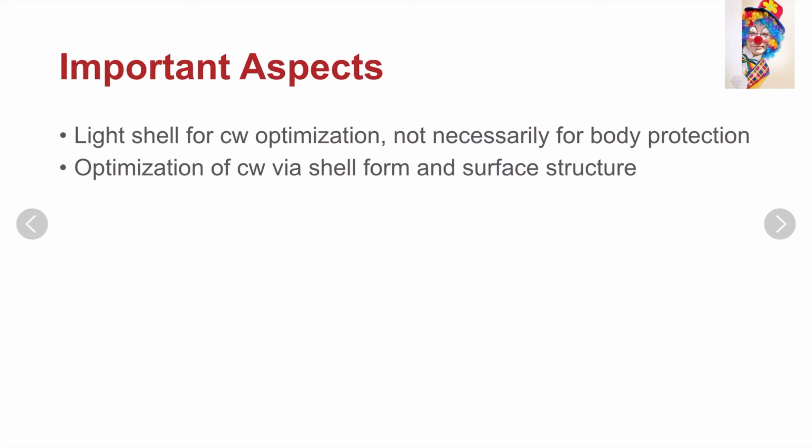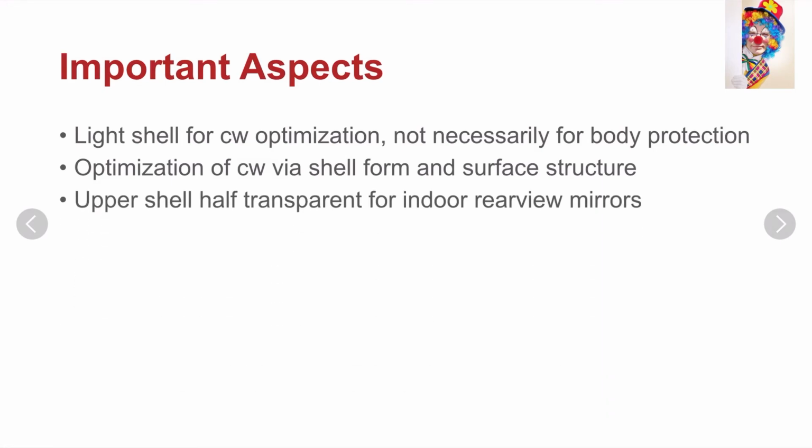This is maybe also important. Of course, the upper shell has to be transparent for seeing forward and also backwards, and for having maybe mirrors or cameras inside the vehicle, so that you always have the right view around the vehicle.